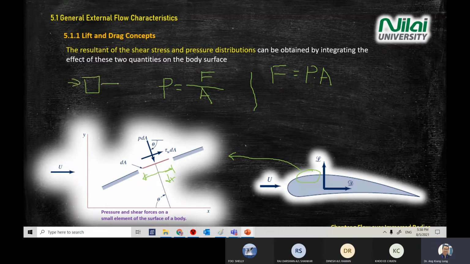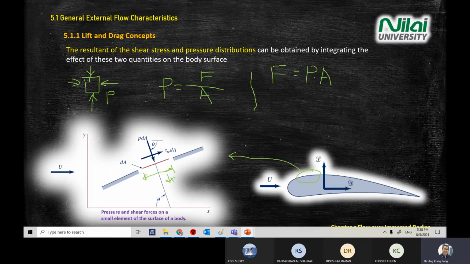Remember the definition of pressure when you studied control volume. I mentioned how pressure acts on the body: pressure always points to the surface. So when you convert pressure into forces, it is still the same. The force always points to the surface. That's why the arrow is pointing to the surface here.